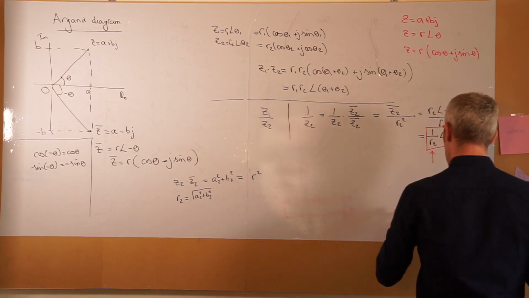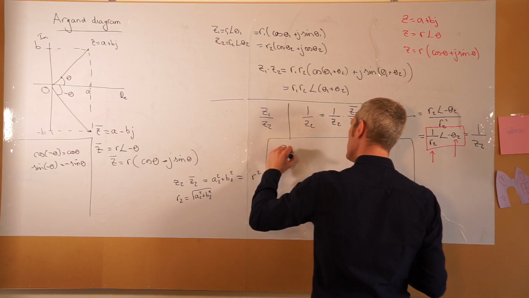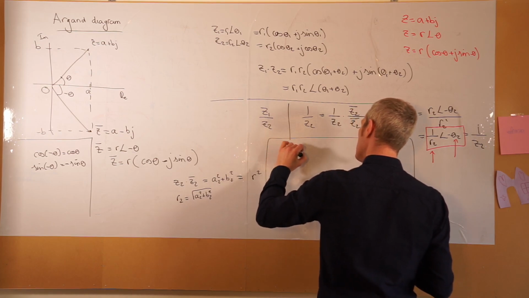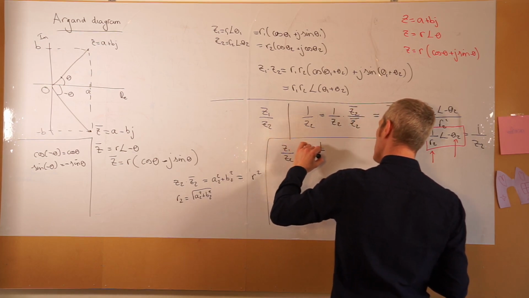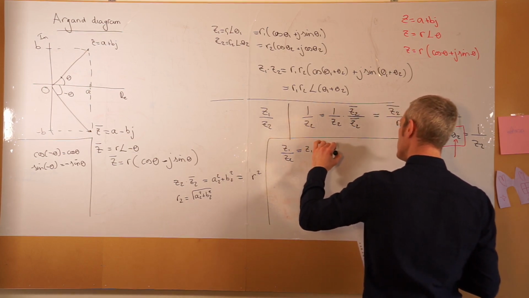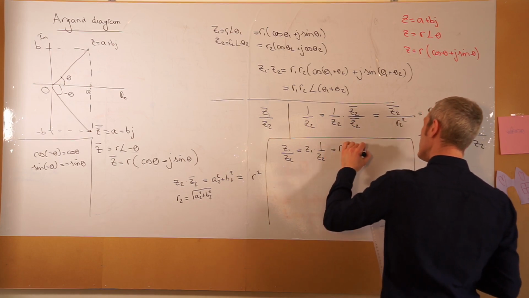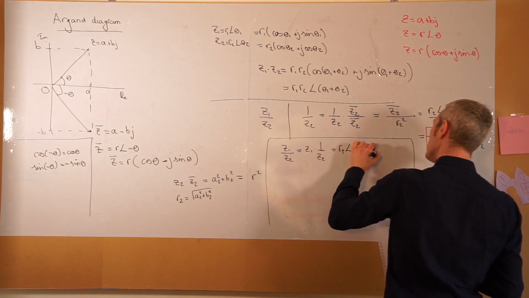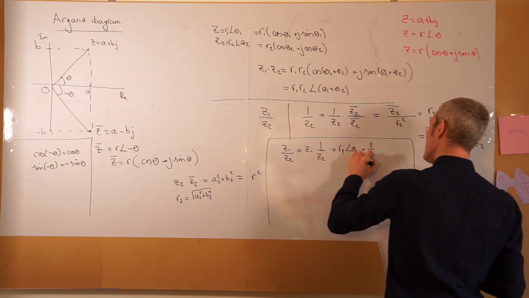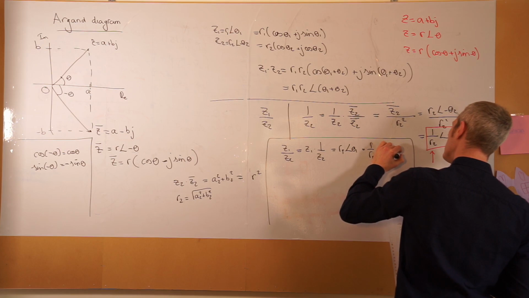So now, using that, if we have z1 divided by z2, which is z1 times 1 over z2, we can write this as r1 with angle theta 1 times 1 over r2 with angle minus theta 2.